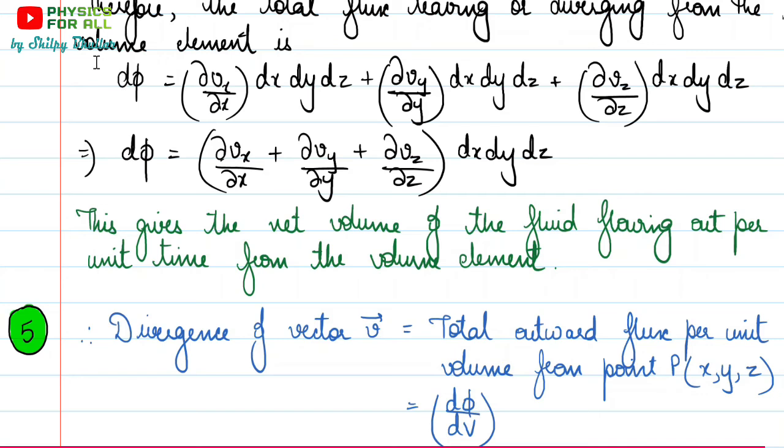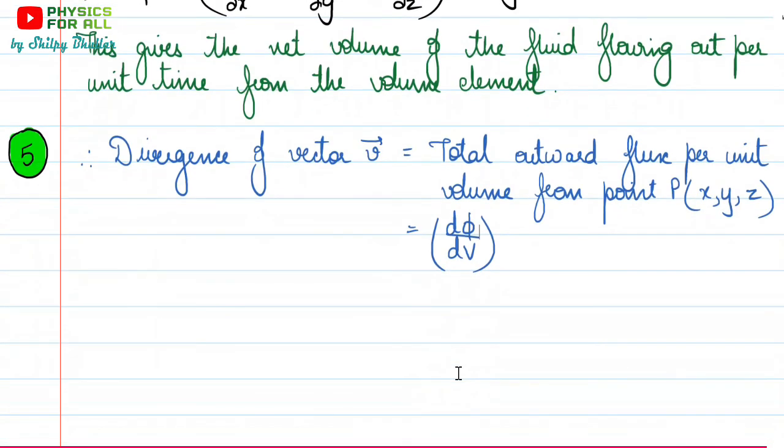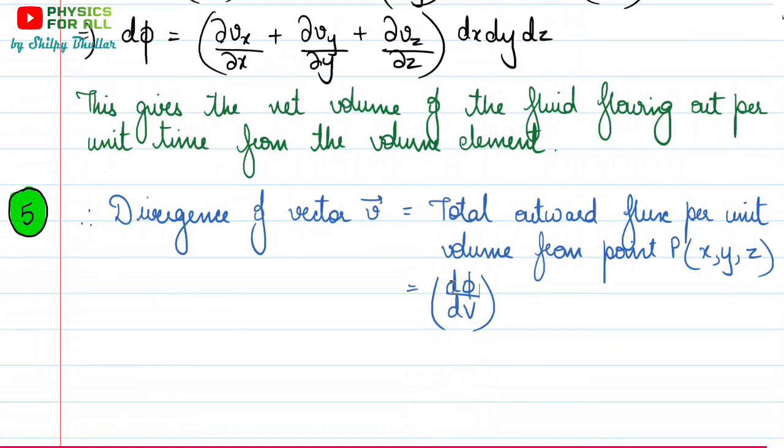That's why this is the dφ we have obtained, but the divergence would be dφ upon dV, per unit volume. Then how to do that now? The divergence of vector V, I can mention it as del dot V. And now dφ by dV. First of all, here we have used dφ.